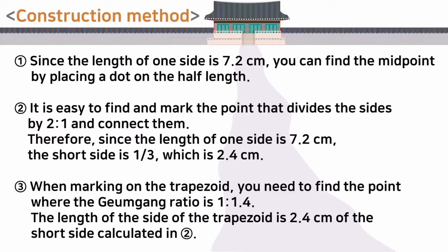Therefore, since the length of one side is 7.2 cm, the short side is a third, which is 2.4 cm. Third, when marking on the trapezoid, you need to find the point where the 금강 ratio is 1 versus 1.4. The length of the side of the trapezoid is the 2.4 cm of the short side, calculated in the second step.